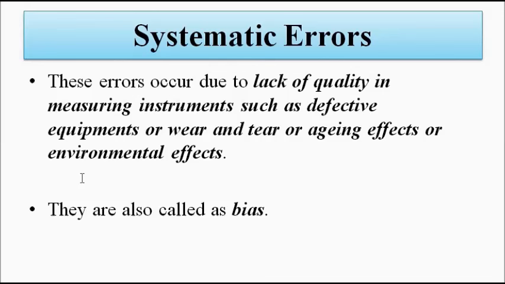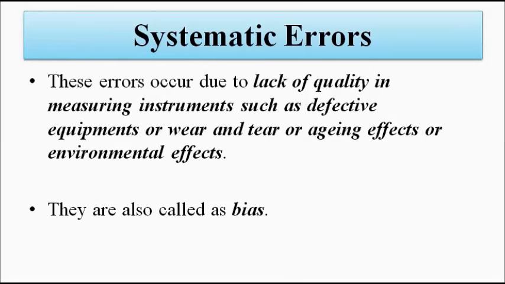Errors because of that are called systematic errors, and systematic errors are also called bias. All the errors which occur because of the instrument, with no human role in it, completely because of faulty equipment, are called systematic errors.